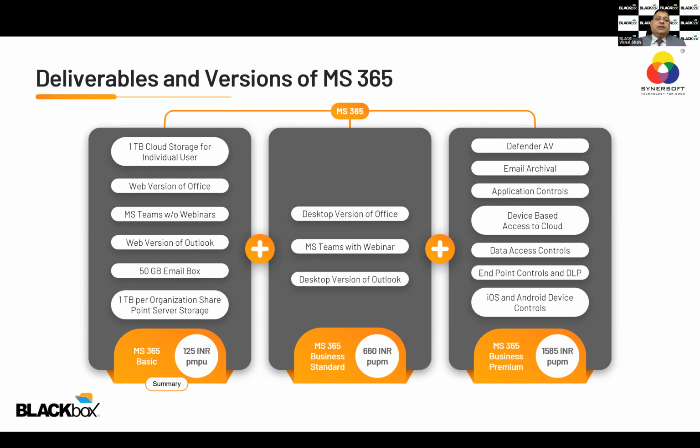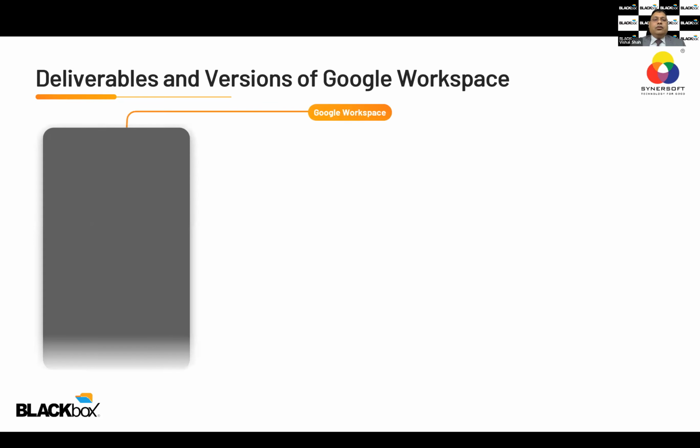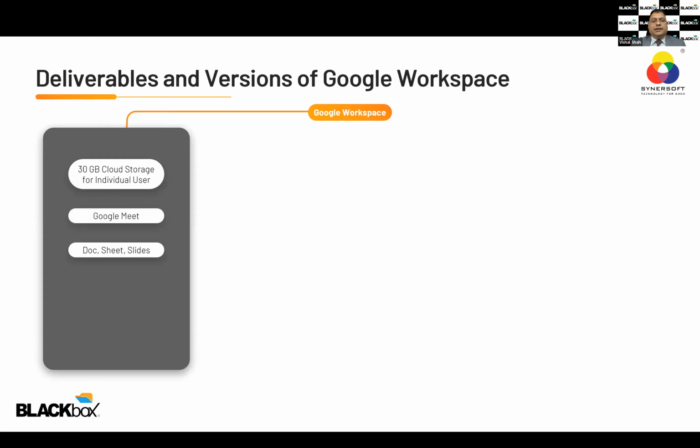So the deliverables and versions of Google have a simpler offering. When we go for Google's very basic package, which is, I think, Business Starter, they give 30 GB of cloud storage. They give Google Meet. They give Docs, Sheets, and Slides, meaning Google's version of MS Office.